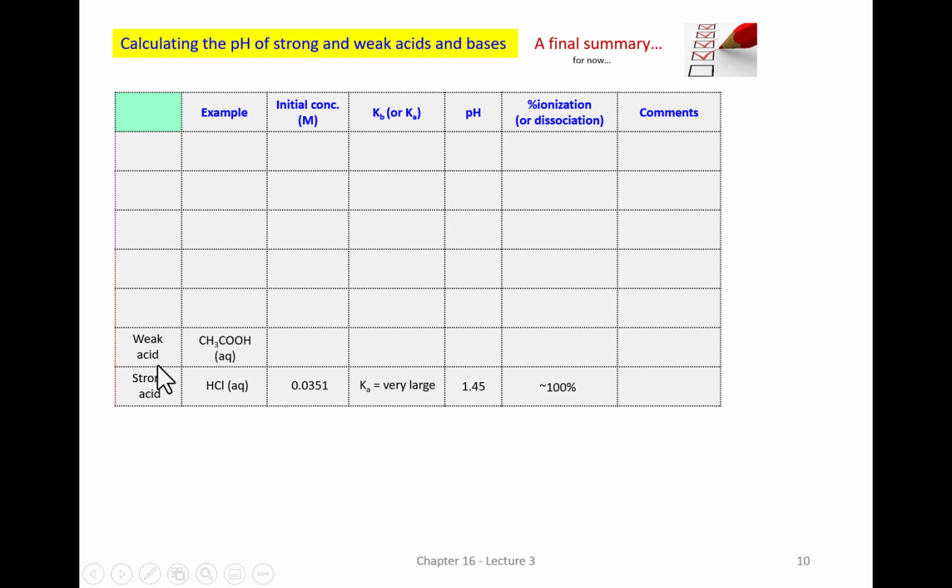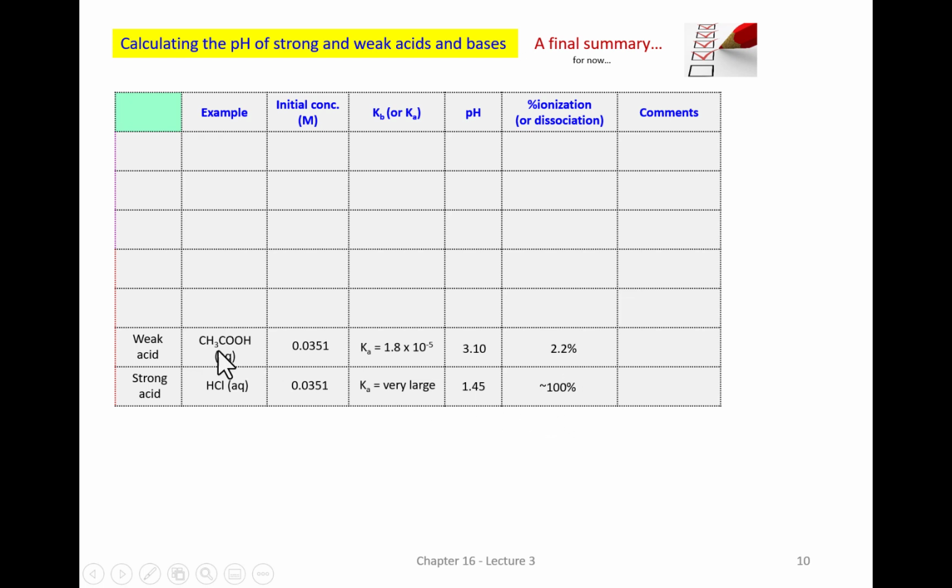We then, in part 1 of the lecture, calculated the pH of a 0.0351 molar solution of the weak acid acetic acid. This did have a Ka value, which was small. And of course, now the pH is higher, still acidic. After all, it is a weak acid, but it's not nearly as acidic as HCl. And it ionized to the extent of only about 2.2%.